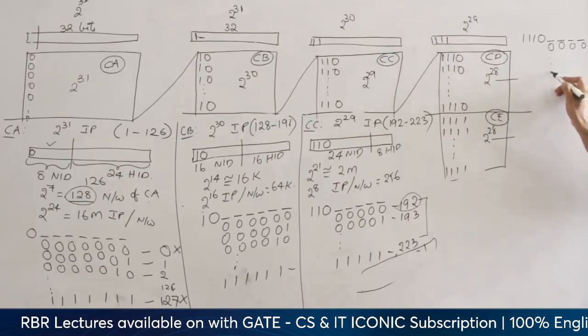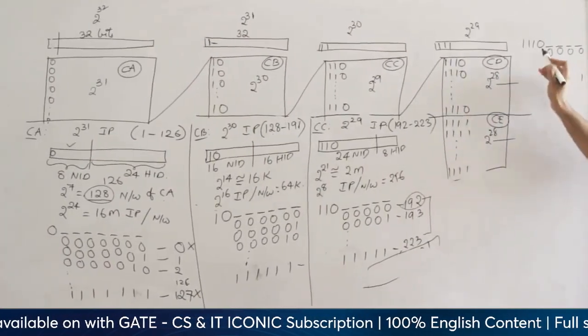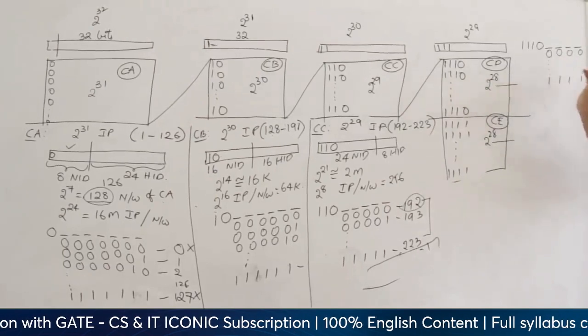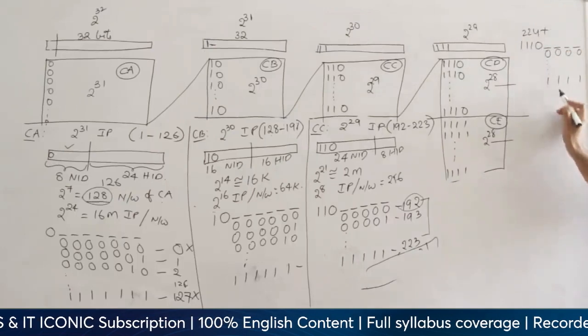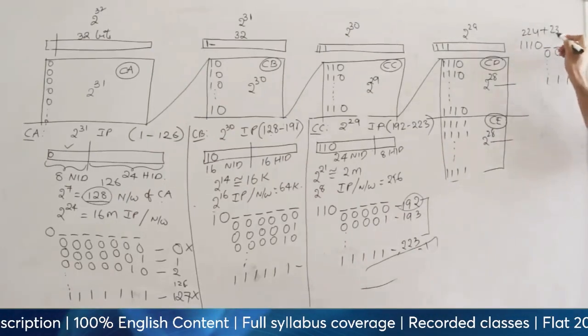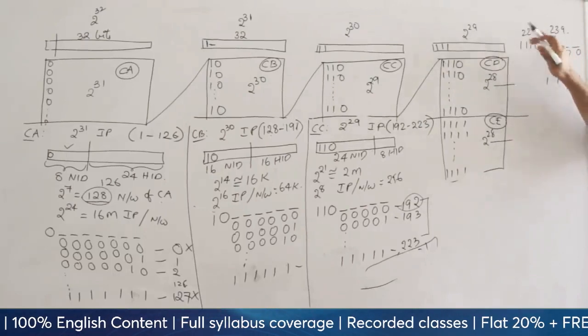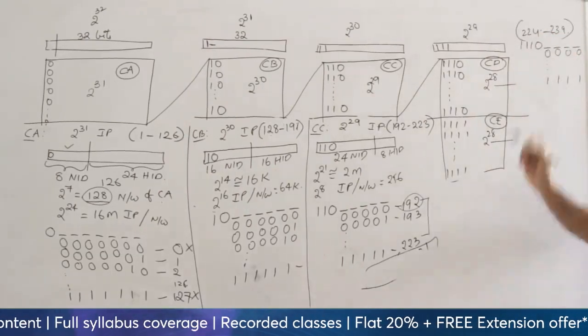And what is the last one? 1, 1, 1, 1. Therefore, the range of class D is 224 plus 4 ones, which is nothing but 15, so 239. Therefore, the range of class D is 224 to 239.